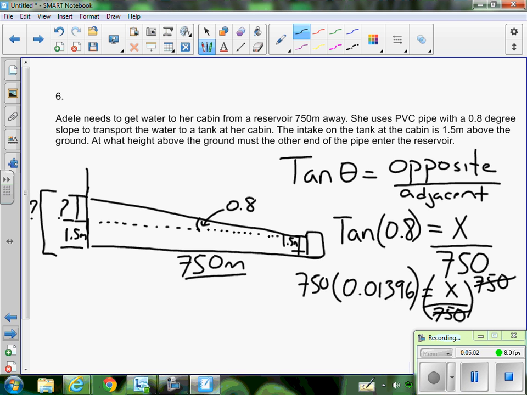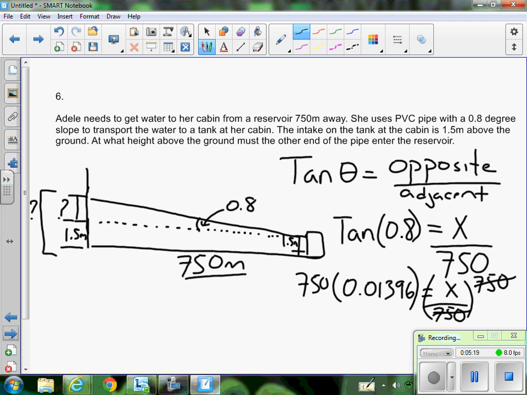Okay, in order to do that, I take 750 and I times it by 0.1396. An easy thing to do is leave the number on your calculator, because in this case we're just going to hit the times button and we're going to get 750.